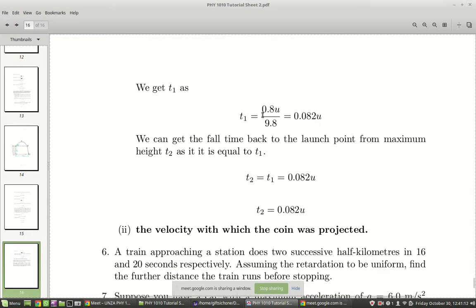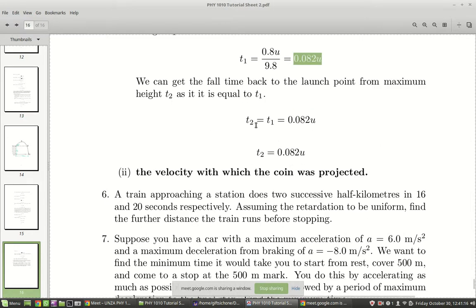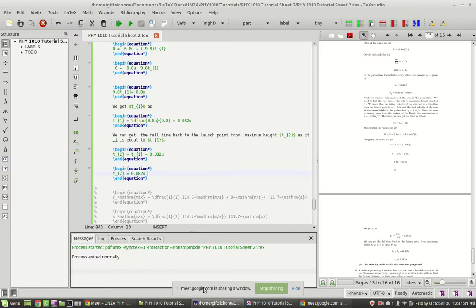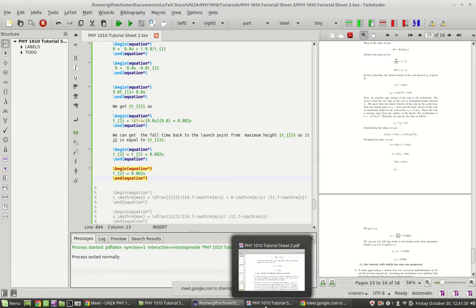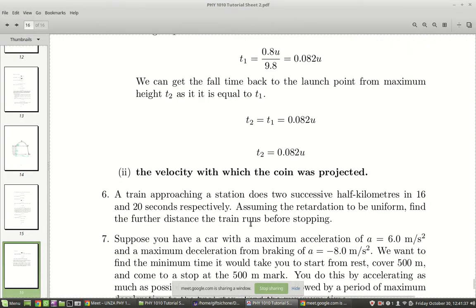This one here is our T1. Then T1 is equal to T2, which is that same thing. Then we have to find T3 in terms of the other thing.